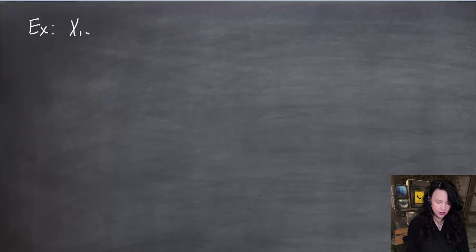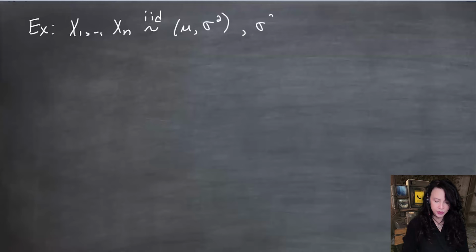Suppose I have x1 through xn, IID from some distribution, I'm not naming it, with mean mu and variance sigma squared, and sigma squared is unknown.